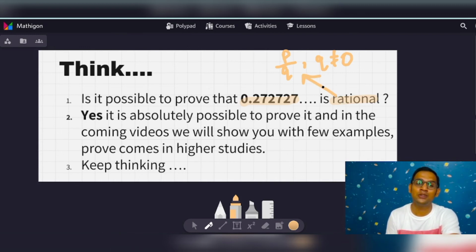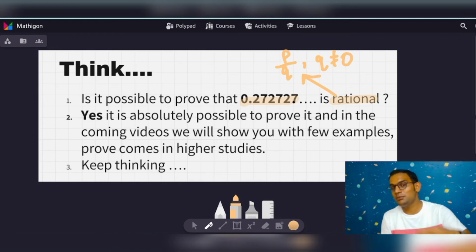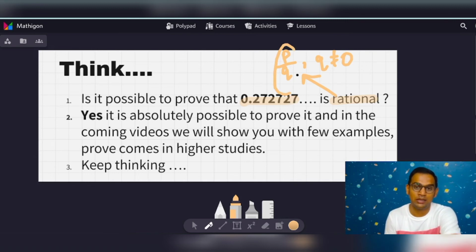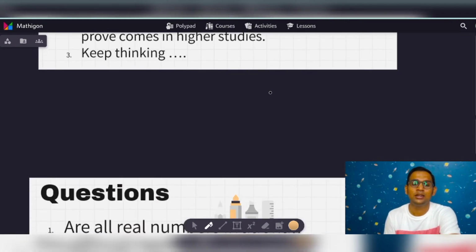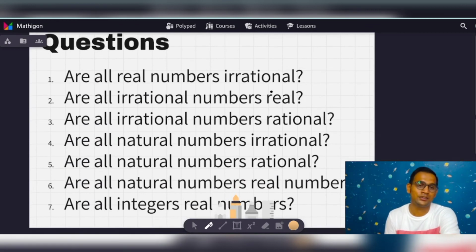If we can, we are sure that they are rational numbers. We'll study that in the coming videos, and the proof will be done in higher classes. We'll just show how 0.277 or similar non-terminating but recurring numbers are rational numbers, and how they can be represented in p by q form. So keep thinking till we discuss that topic.